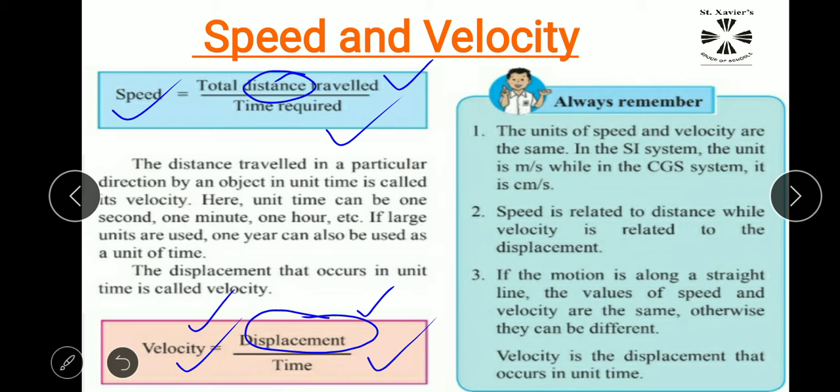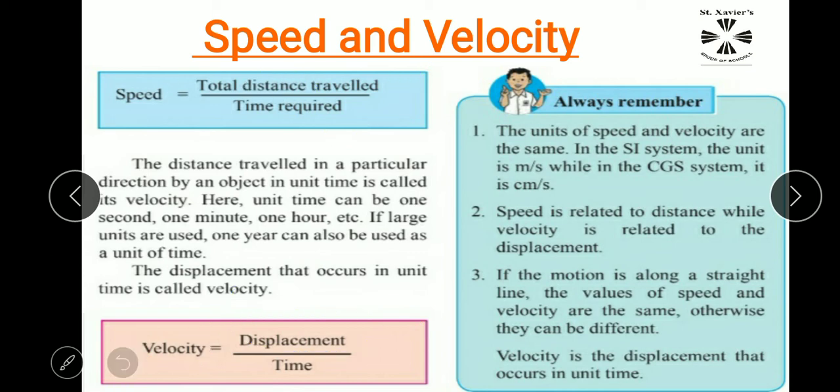So we can define speed as distance per unit time. Unit time may be 1 second, 1 minute, 1 hour, anything. If large units are used, 1 year, 1 light year can also be used, students.